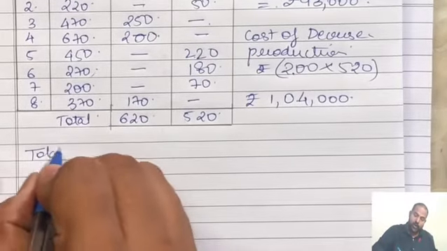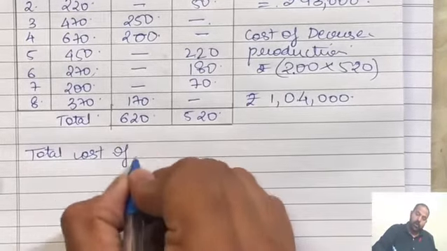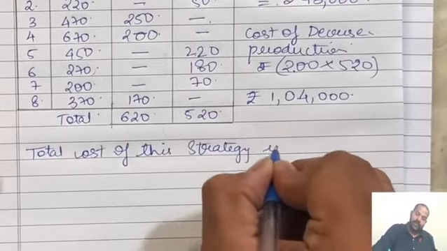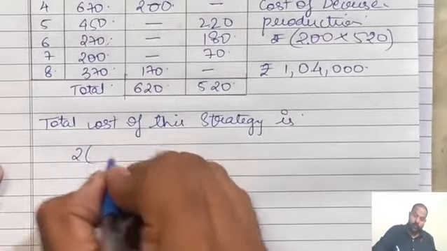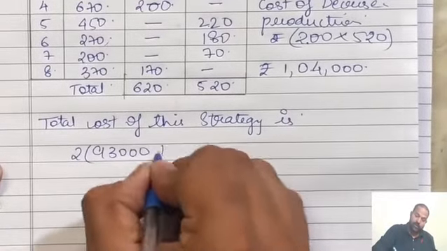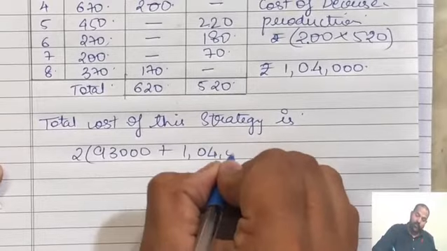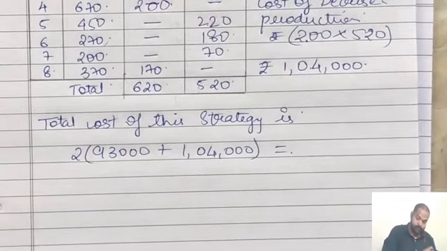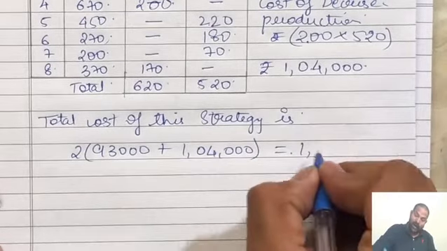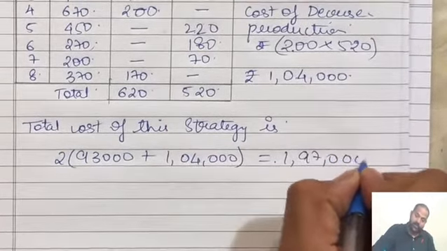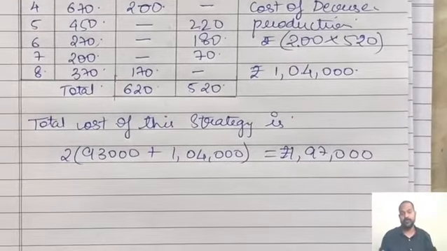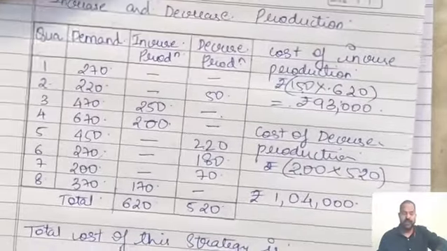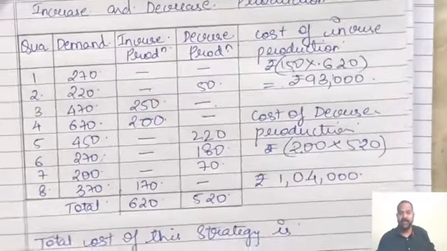So the total cost of this strategy is rupees 93,000 plus 1,04,000, which is 1,97,000 rupees. And that is the answer for the first strategy, which is increase and decrease in production.